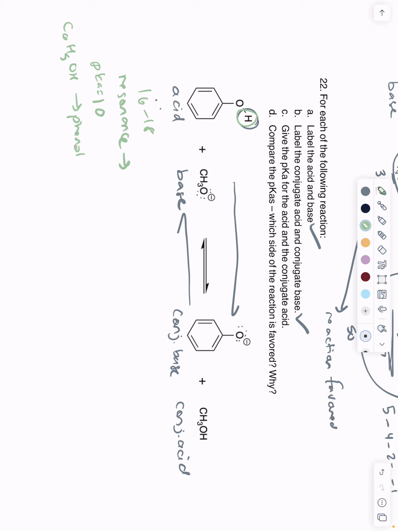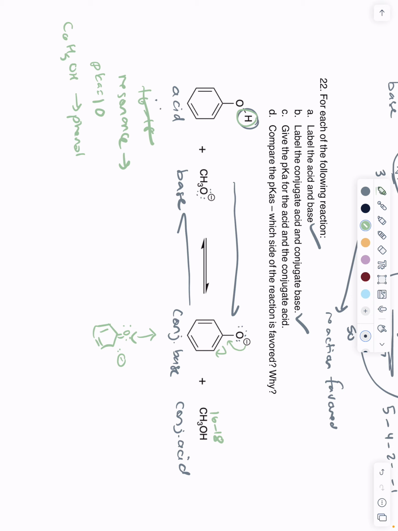If we lose our hydrogen, we have all these resonance structures where the negative charge isn't just concentrated on one atom, but is shared around the ring. That makes the impact lower, so the molecule is more willing to give up that hydrogen, making it slightly more acidic. That's why phenol is more acidic than typical alcohols. But over here, this is a typical alcohol, so it'll be in the 16 to 18 range.